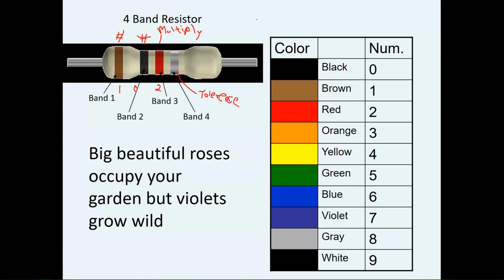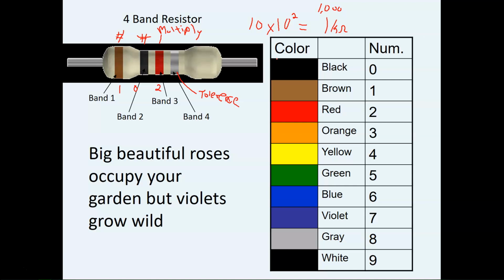So essentially what you would come down with is 1, 0 times 10 to the 2, and then you have your tolerance band, which we'll talk about in a minute. But essentially this is a 1 kilo ohm resistor. How do I know that? Well, because 10 times 10 to the 2 is 1,000.